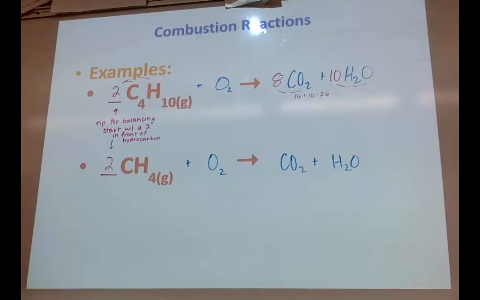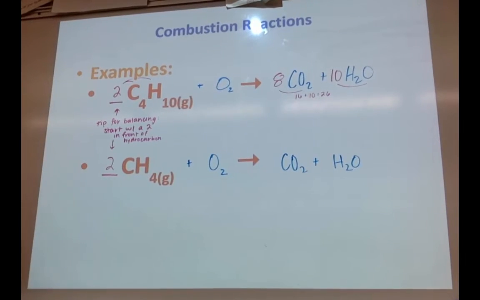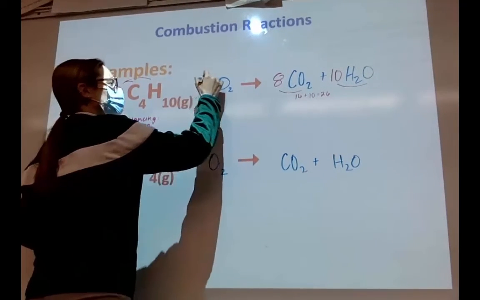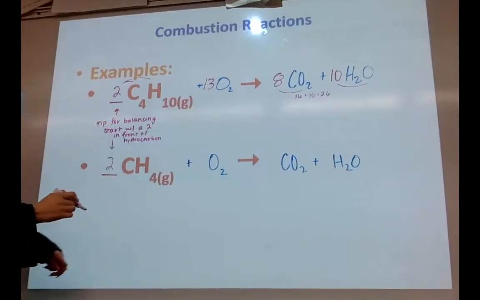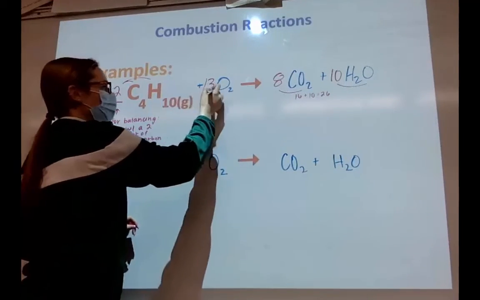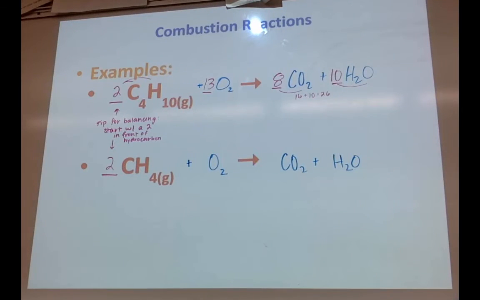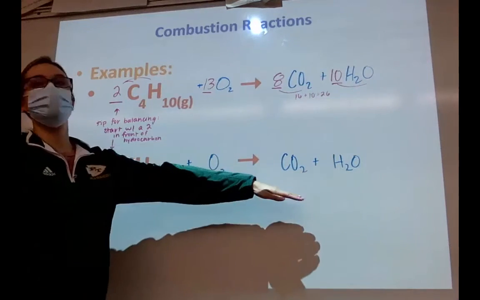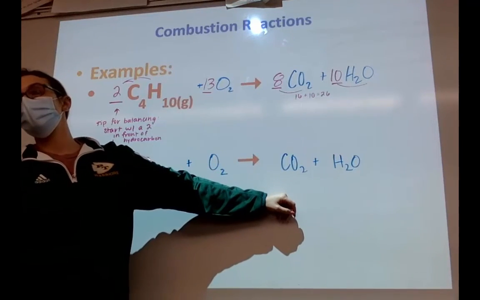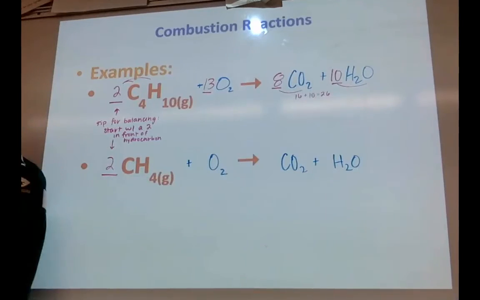What can I multiply by 2 to get to 26? 13. So my coefficients are 2, 13, 8, and 10. Notice how I can't reduce those, right? 13 isn't divisible by 2. And so you can go through and balance those as well. Combustion reactions are probably the easiest when it comes to predicting products because it's the same every single time. It's always CO2 and H2O.